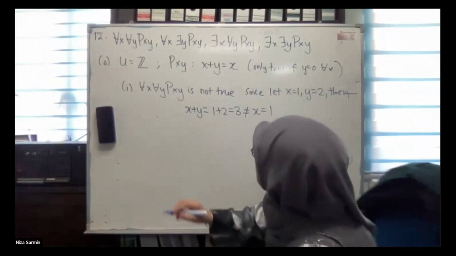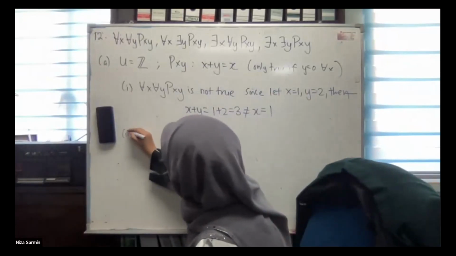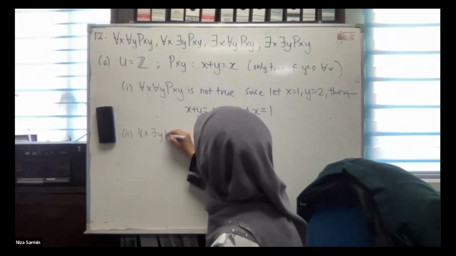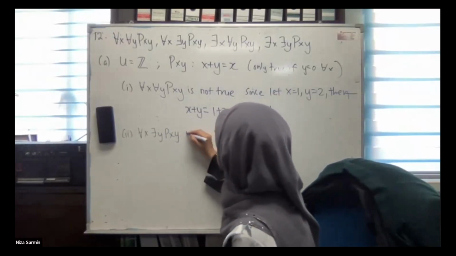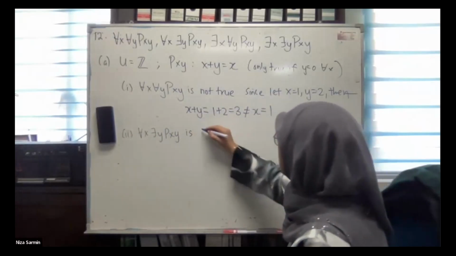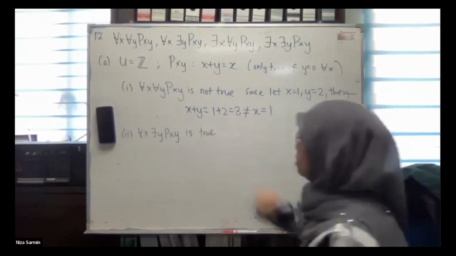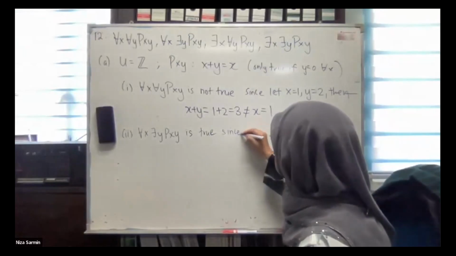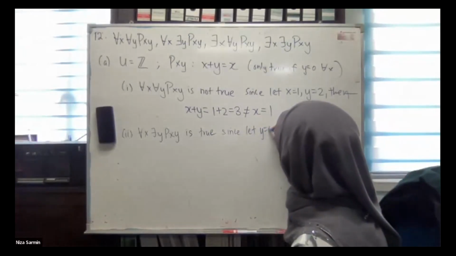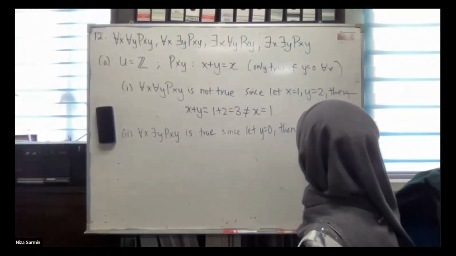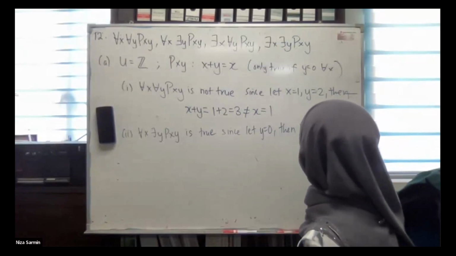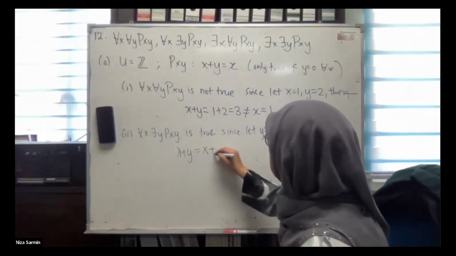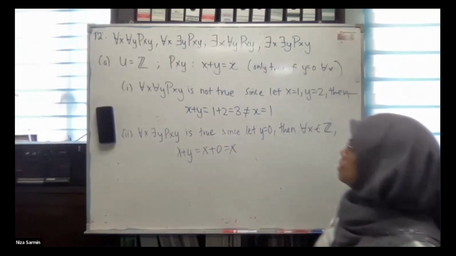Okay, for number 2, for all x there exists y, pxy. This is true, since let y equals 0, then for all x integer, x plus y is x plus 0 is x.